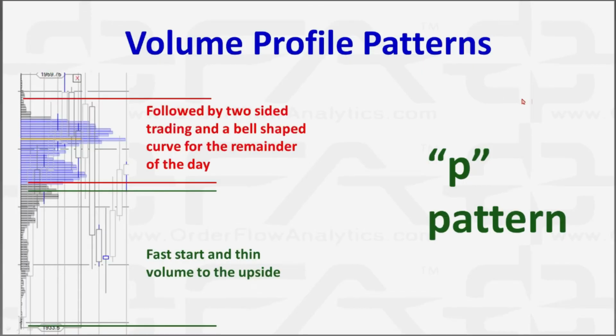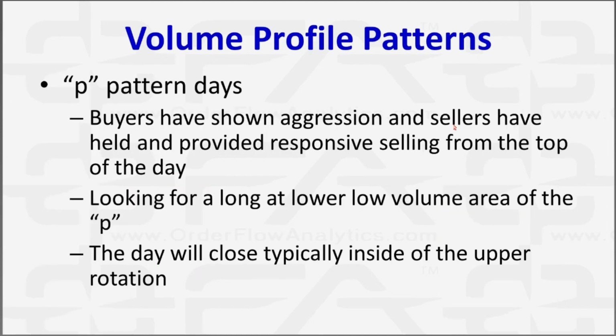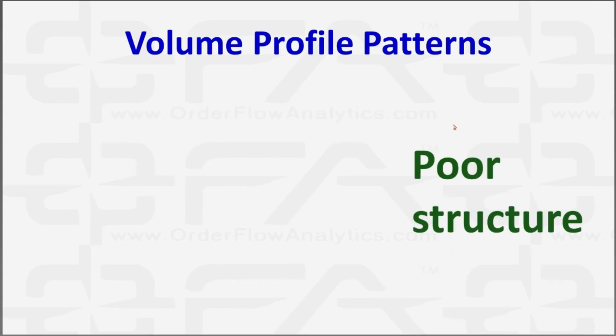And then it's just a matter of you making a decision. And when you can make that decision, you know you're beginning to trade objectively. And once again, you're going to hear me say it 7 different times, 7 different ways. The only way to stay objective in the trade is using the print, the order flow, to manage that trade. Again, the day will close typically inside the upper rotation.